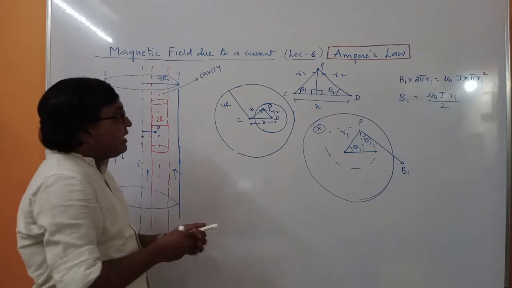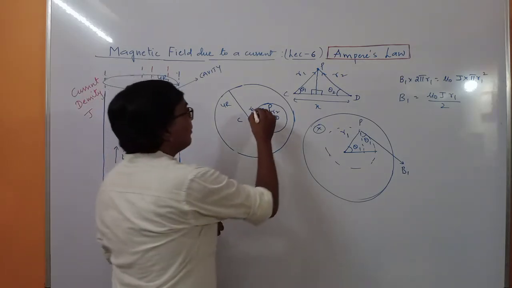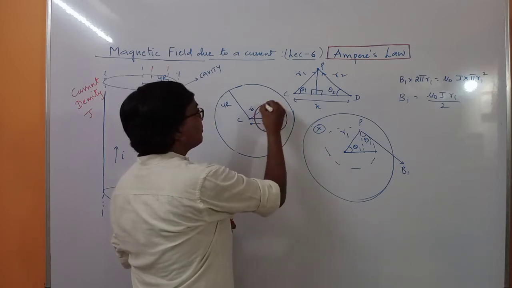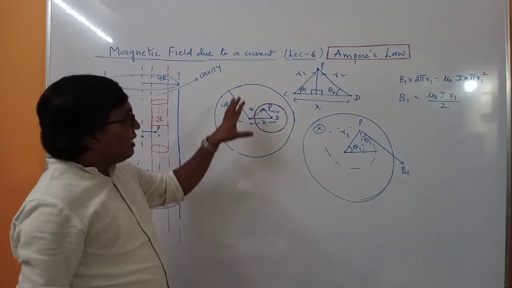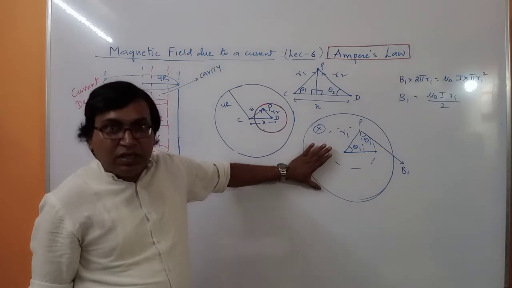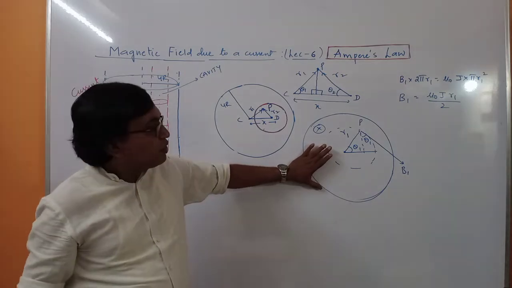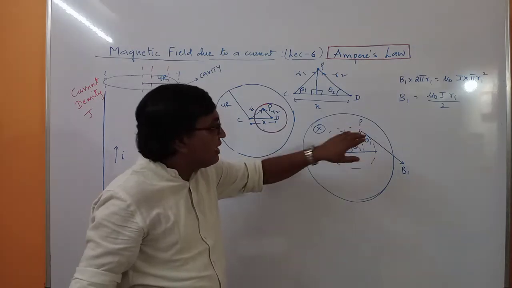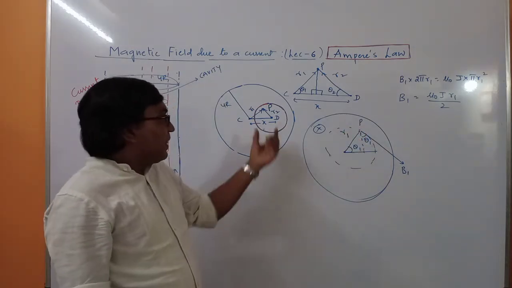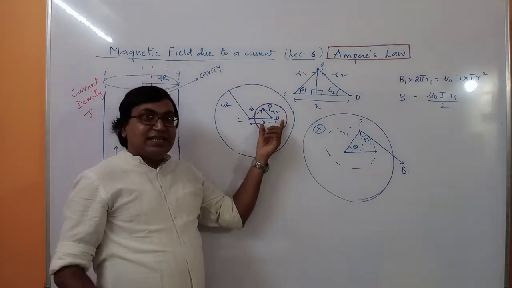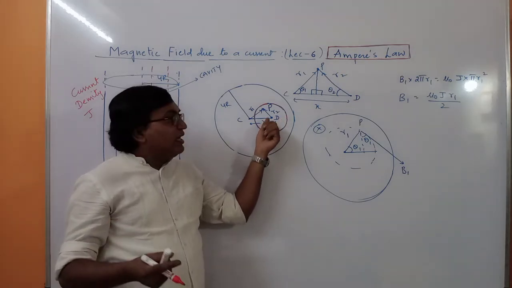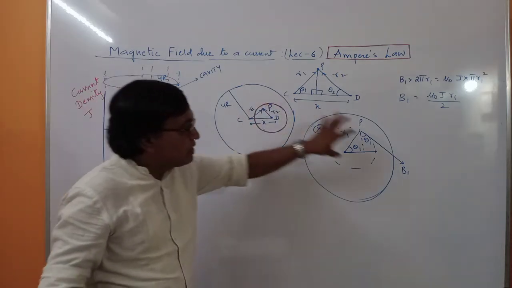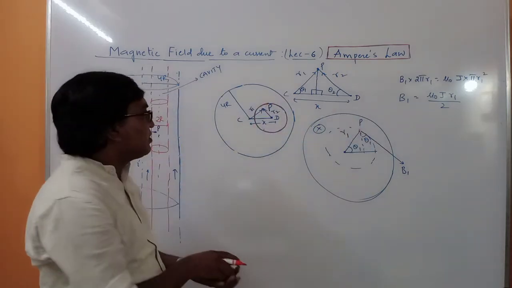Next, I am removing this, and we'll take the cavity. I will show the cavity with another color. Now here I have assumed the cross section without a cavity, so wherever there is a cavity I have also considered current. So for the cavity, I will take another cylindrical wire where current flows just opposite to this direction. When you superimpose this on this, the total current becomes 0.